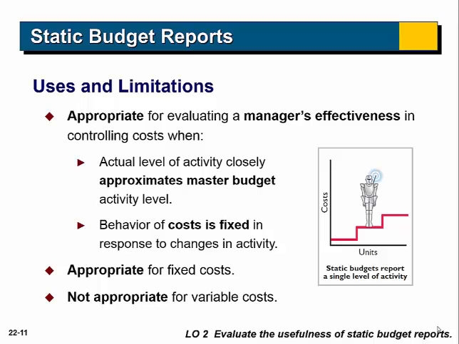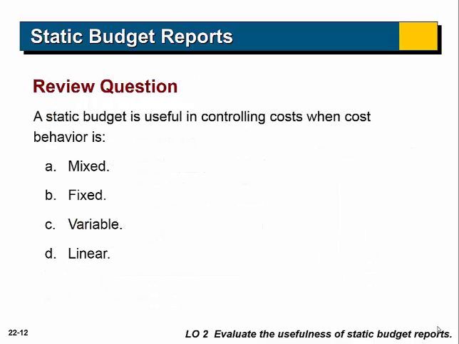I'm going to show you that when our units of activity change versus what we had planned, we basically have to recalculate in order to have a good set of information to use to analyze results.